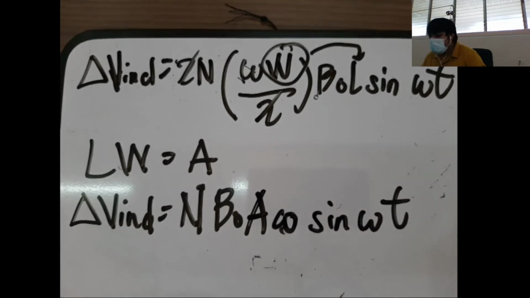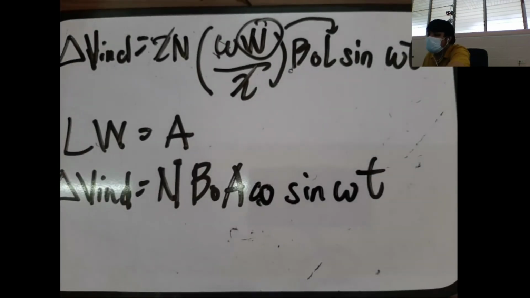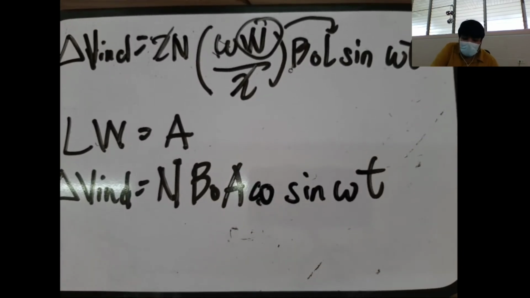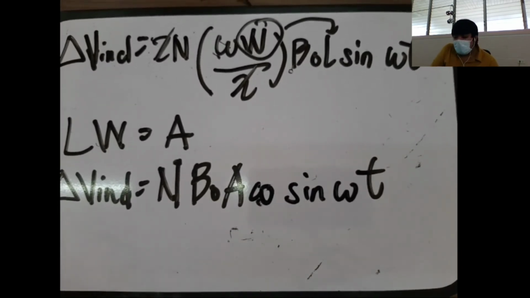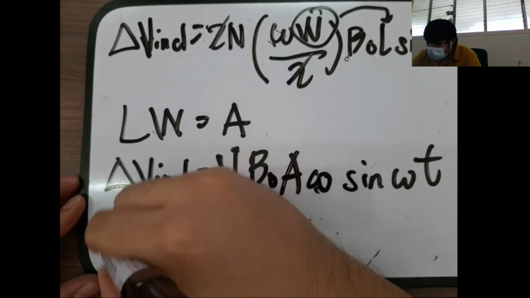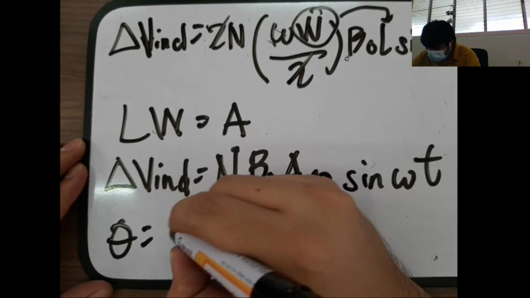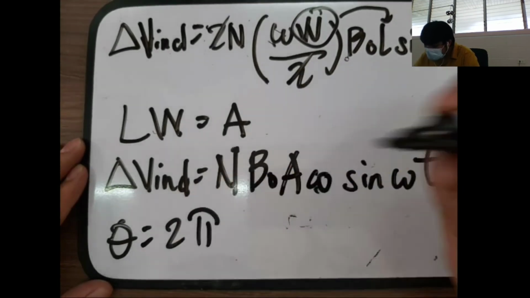Okay. Now, when the coil makes one full rotation, theta will therefore be 2 pi, right?